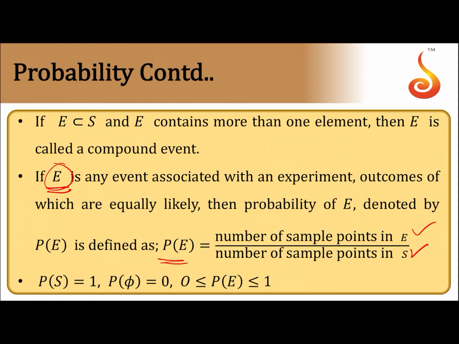So obviously probability of E is a fractional value, a positive fraction. As the number of sample points in the impossible event is 0, the probability of the impossible event is 0, and the probability of the sample space is always equal to 1. One or more simple events combined is called a compound event.